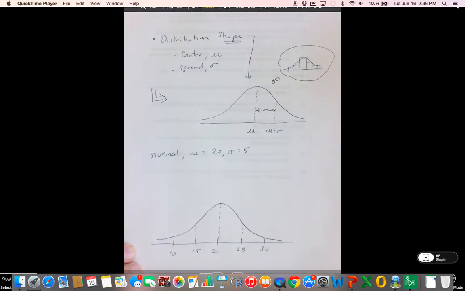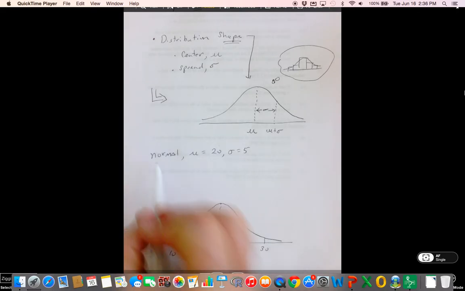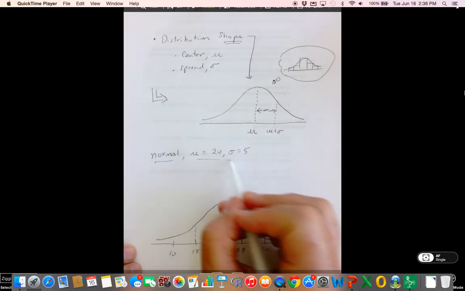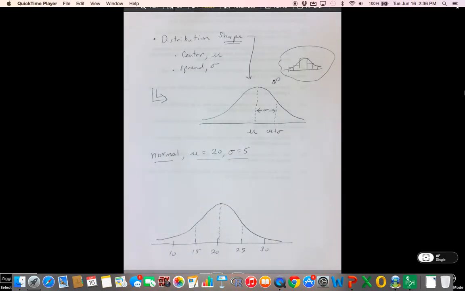Those things are kind of hard to draw, but anyway, we know the shape, we know where our distribution is centered, and we know what the spread around the mean looks like.